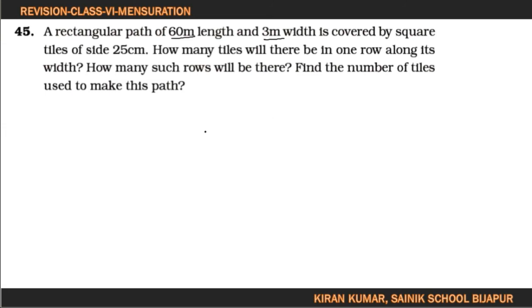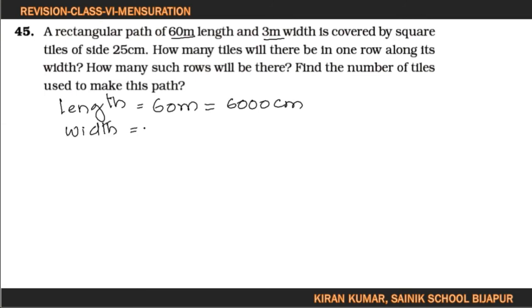Find the number of tiles used to make this path. Here the length is given as 60 meter. Since the tile is given in terms of centimeter, I'll convert this in centimeter. This becomes 6000 centimeter. And the width is given as 3 meter, which is 300 centimeter.